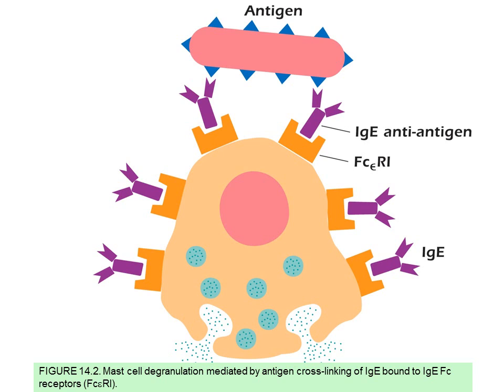No. So we need to find out what the second signal is. Interestingly, the second signal is what we call cross-linking. So another antibody has to attach to an Fc receptor and also get in contact with an antigen at the same time. So if this is one signal, this is another signal.